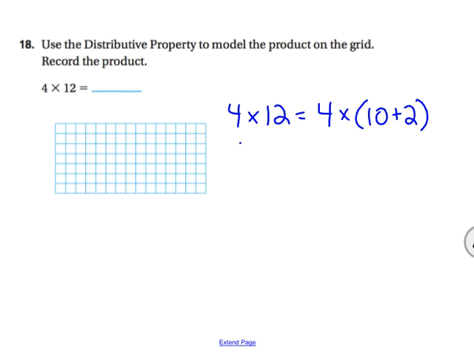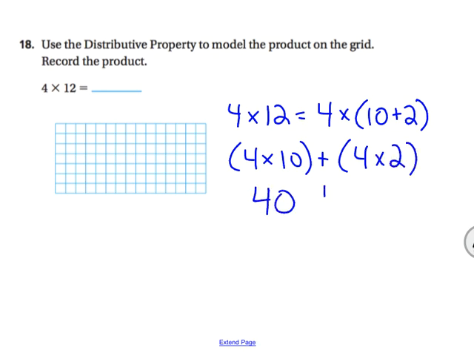Okay, so 4 times 10 plus 4 times 2. And I get 40 plus 8 equals 48. That's 48. I can also use this as 4, 1, 2, 3, 4, 5, 6, 7, 8, 9, 10. 4 times 10.